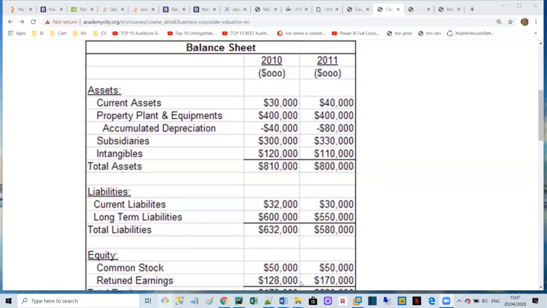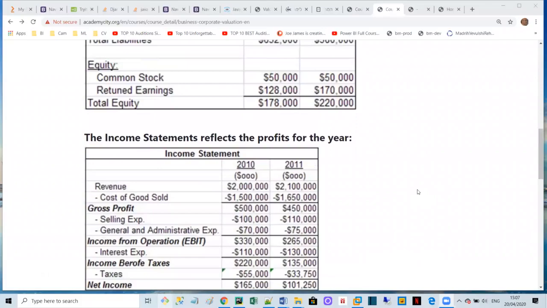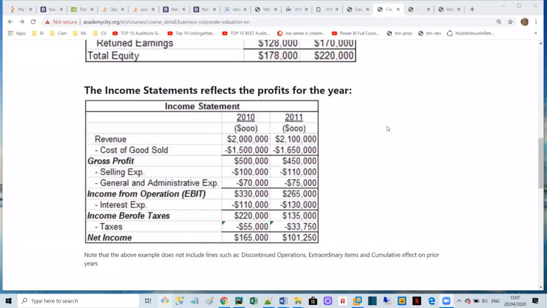Everybody got it? Yes. Beautiful. So now let's look at the income statement. In the income statement, I look at the year 2011. I made net income of 101,250.